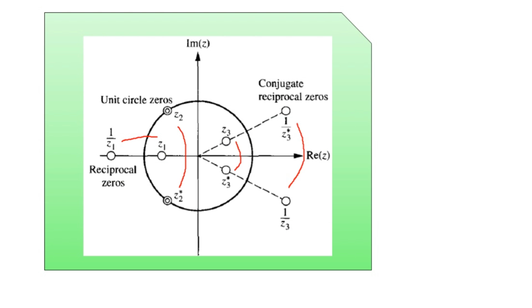Here we have the horizontal real part axis in the z domain, and this is the imaginary part axis. The reciprocal zeros have been represented here, and this is the unit radius circle, which we call the unit circle, and the conjugate reciprocal zeros have also been represented. With this information, we conclude our topic, spectral factorization.